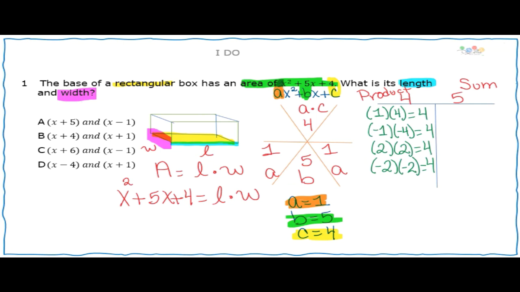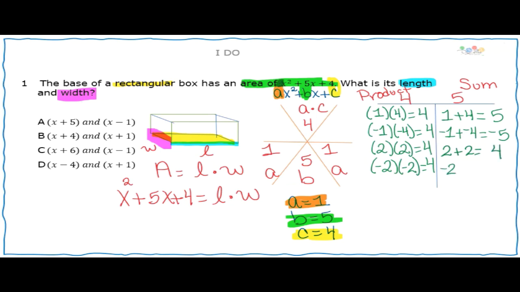Let's move on to the sum. In the sum, I am going to add 1 plus 4 and I get a 5. And I hope you say bingo. Yes, it seems to me that that's my answer, but just to check, let's go to the next ones. Negative 1 plus negative 4, I get a negative 5. 2 plus 2 gives me a 4.